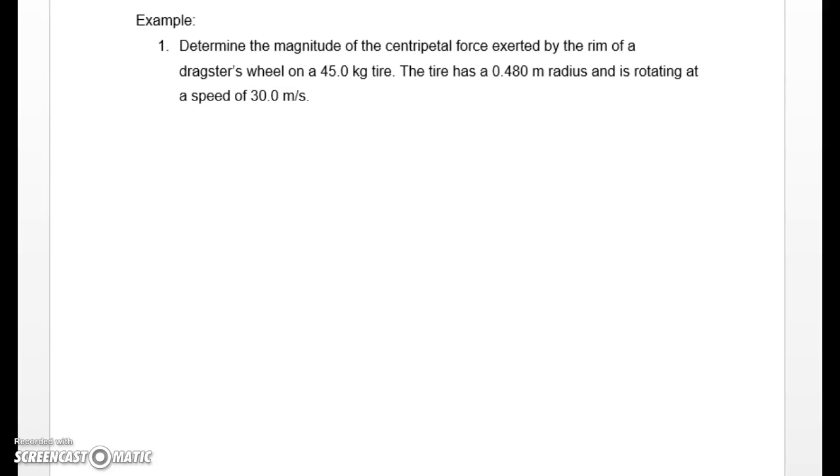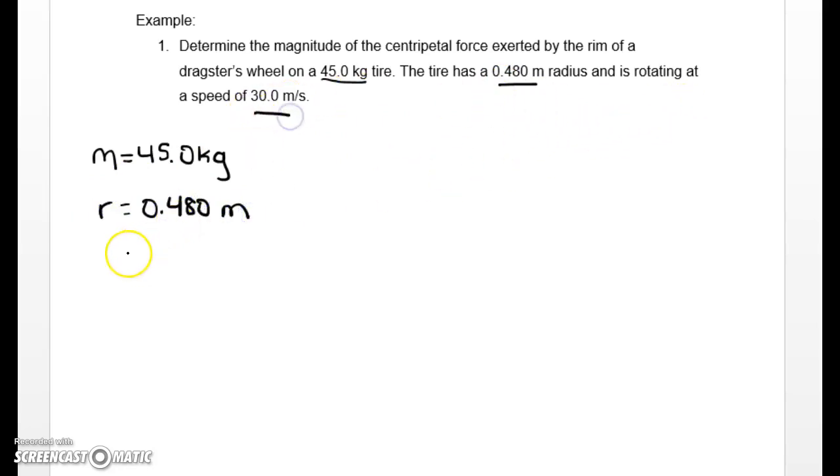As we like to in all of our examples, I'm going to start by writing down our information. The first thing that we're given here is the mass of our dragster's wheel. Here we know it's a 45.0 kilogram tire. We know that it has a radius of 0.480 meters, and it's rotating at a speed of 30.0 meters per second.